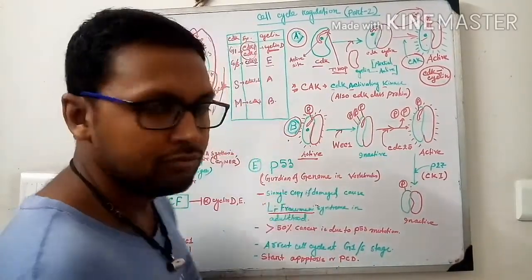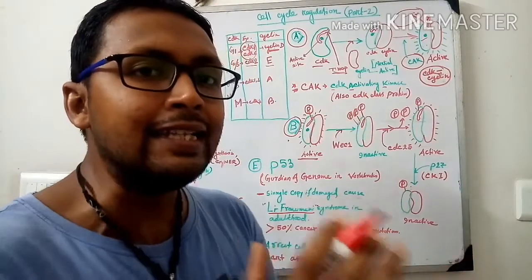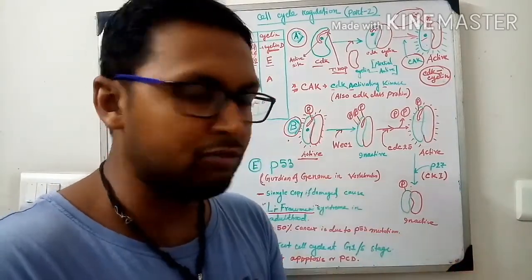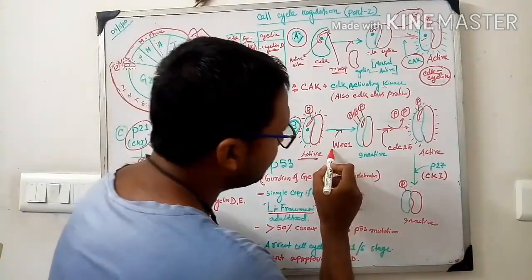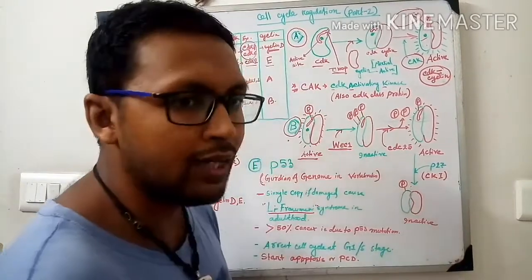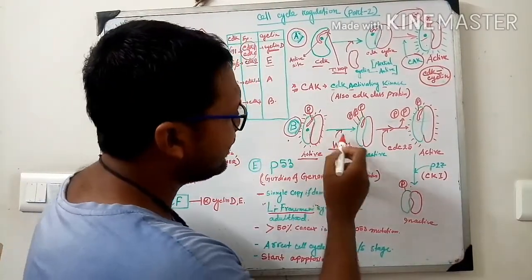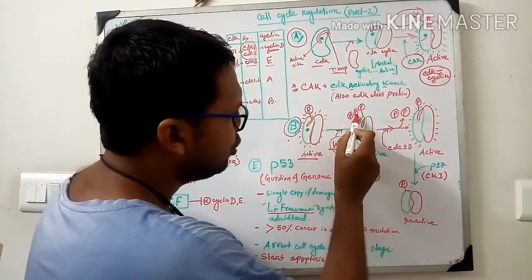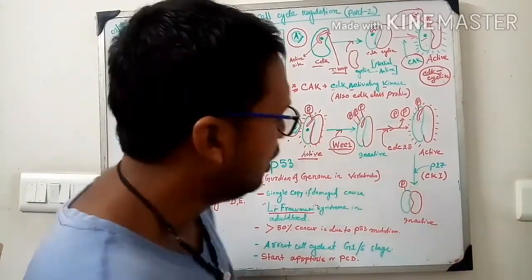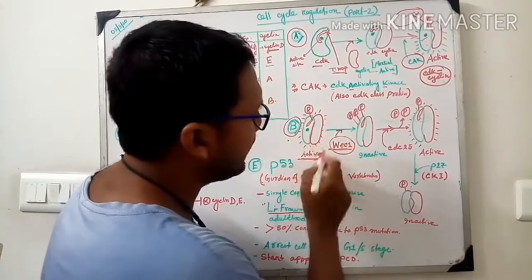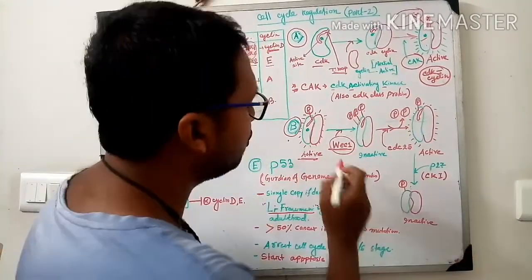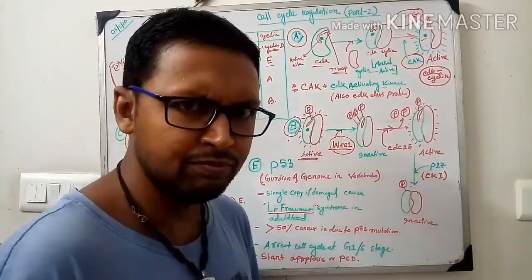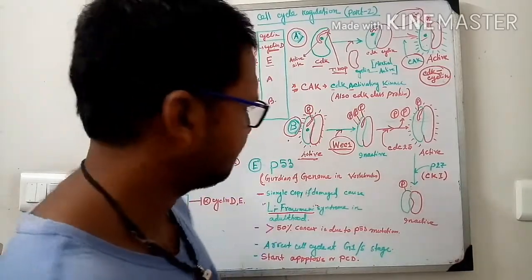But if the cell cycle is required to stop, then another protein is there, Wee1. It helps to phosphorylate the CDK. Two phosphorylations occur at the CDK, so the active CDK-cyclin pair is now inactive due to Wee1. This is an inhibitory protein, a CDK-cyclin inhibitor.